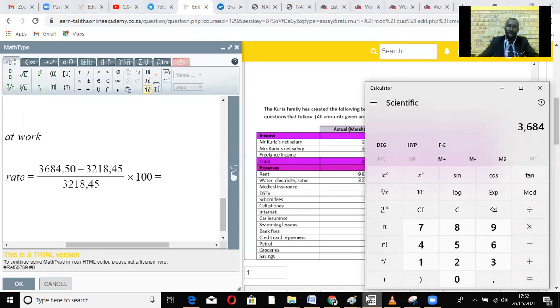3,684.50 minus 3,218.45 gives us 466.05. Now, when we divide this by 3,218.45, what we get is 0.1448. We then multiply this by 100, so that we get 14.48.